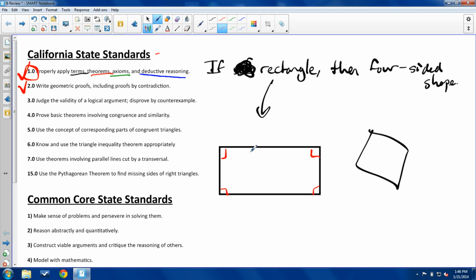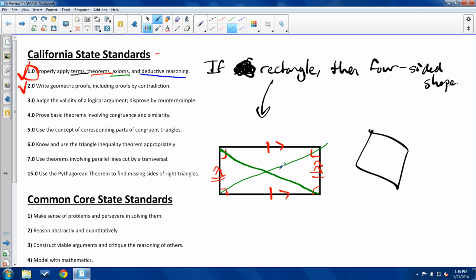Opposite sides are congruent. Opposite sides are parallel. And, if it ends up mattering, diagonals are bisectors of one another. In other words, they split each other into two congruent sides. Things like that. And a rectangle has four sides, by the way.